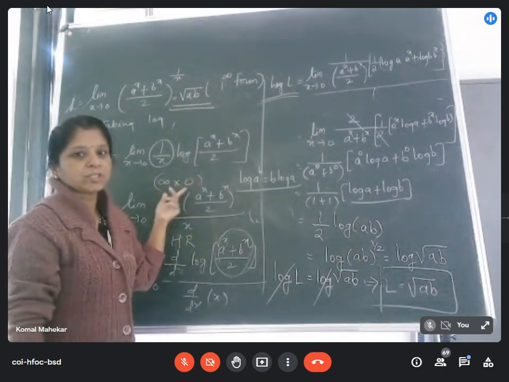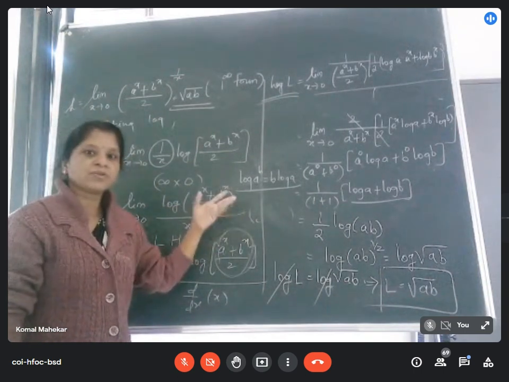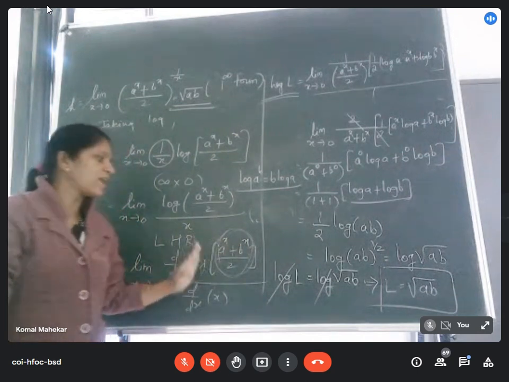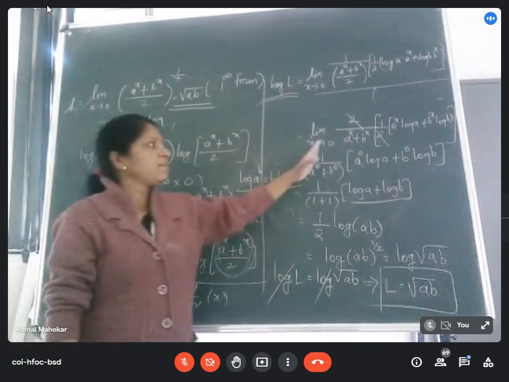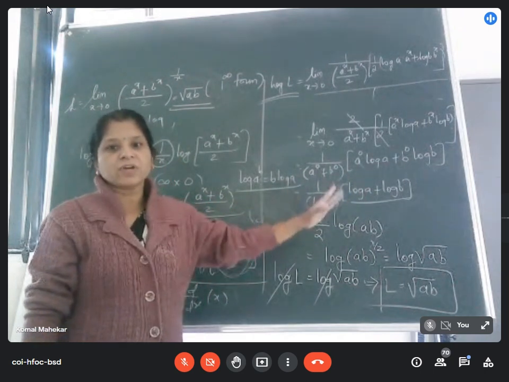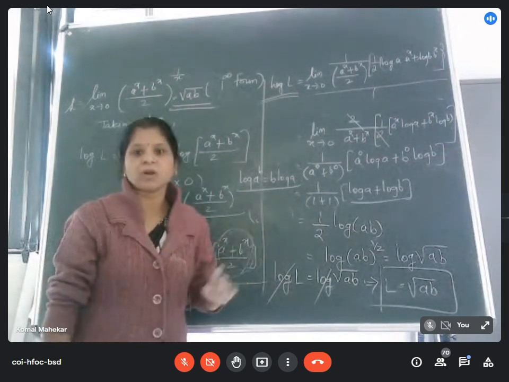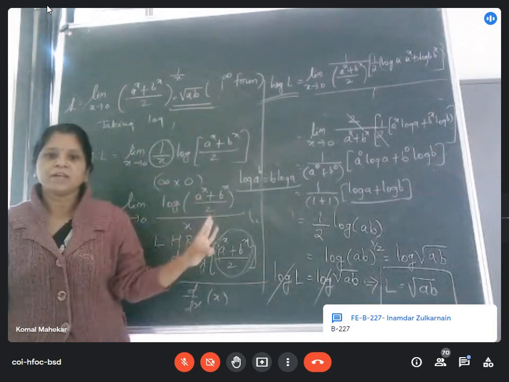Then writing the function g(x) in denominator, it get converted into 0 by 0 or infinity by infinity form. And then by using L'Hospital rule, you can evaluate the right hand side limit. If it is b, then log L is equal to b, so L will be e raised to b. Okay. So in this way, we can solve the problems of the three indeterminate forms.